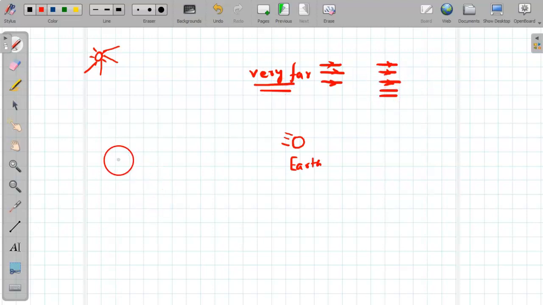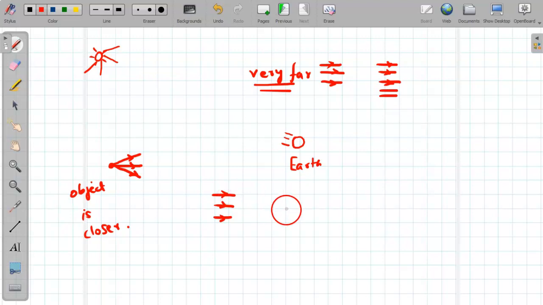If you see a diverging beam, it means the object is closer. So whenever you solve your question paper, check if the incoming light rays are parallel or diverging.